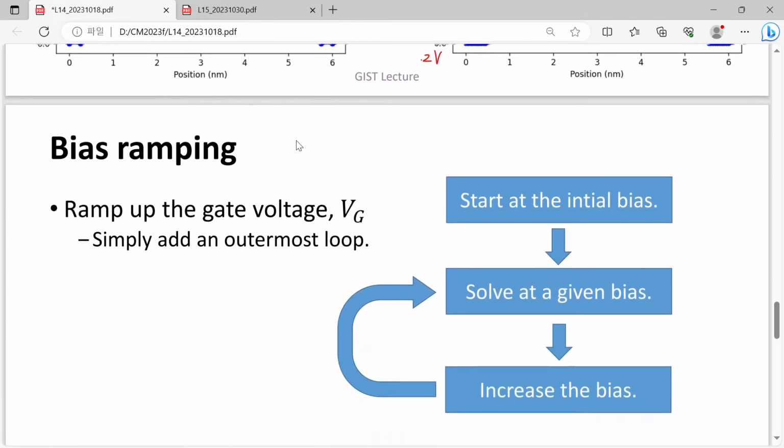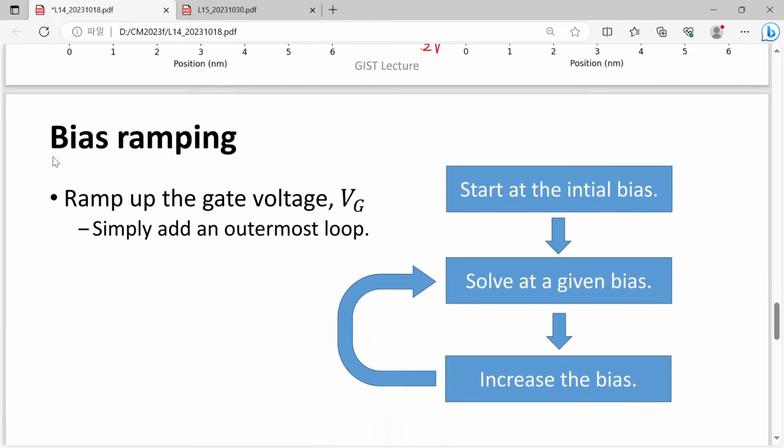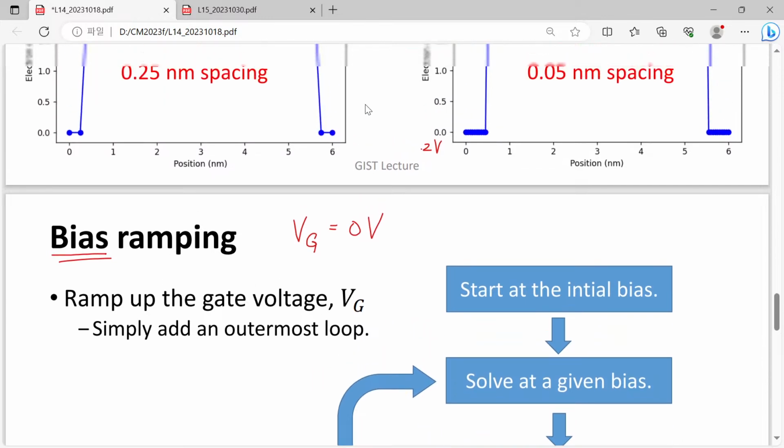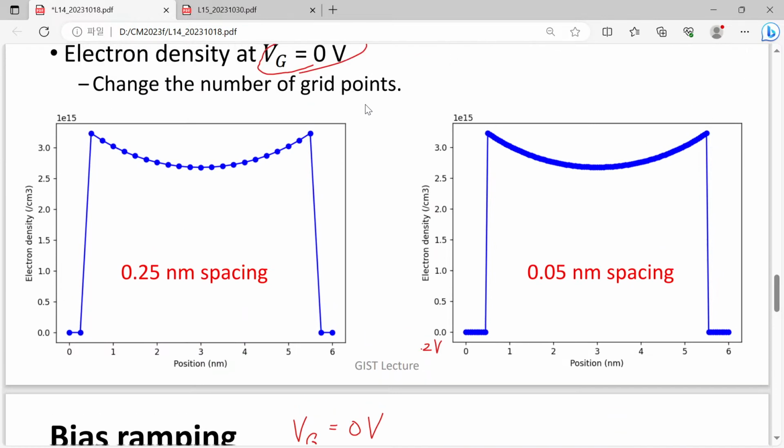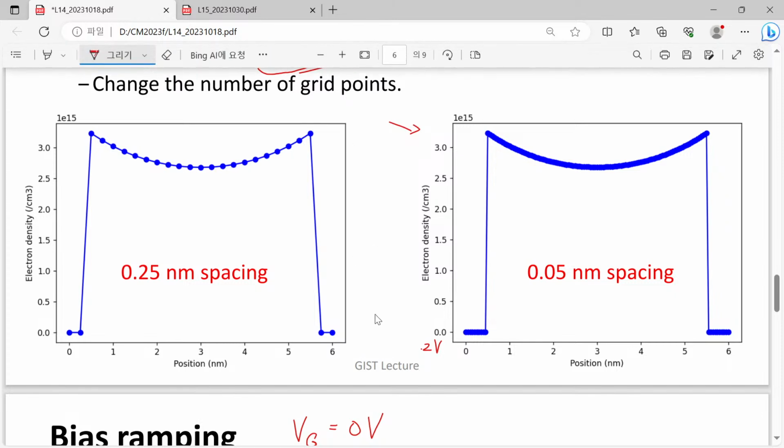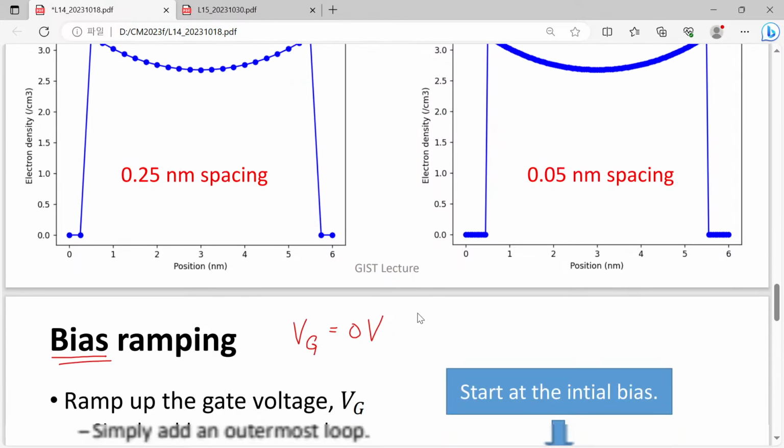Now we move to the concept of bias ramping. Up to now, we have thought about the case where gate voltage is 0 volt. I assume that you can calculate this solution easily. Actually, when you really try, you will find that the implementation of this seemingly simple problem is not that easy, but I assume that you have achieved that goal.